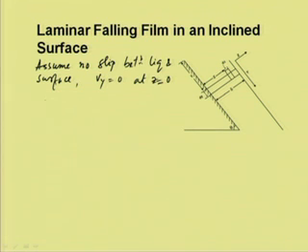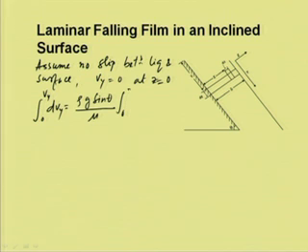So, we can integrate the earlier equation, integral 0 to V y d V y, which is equal to rho g sin theta by mu, integral 0 to z of delta minus z dz.